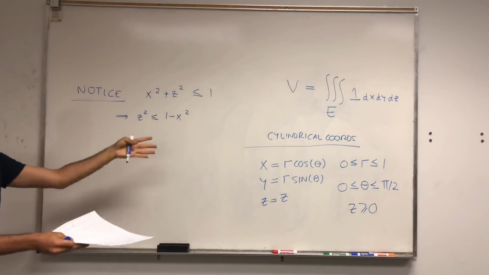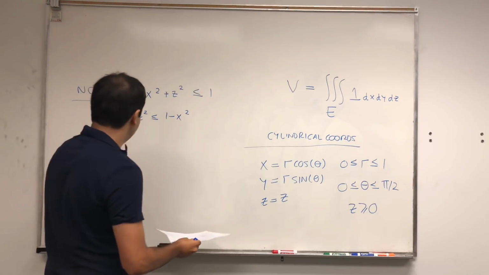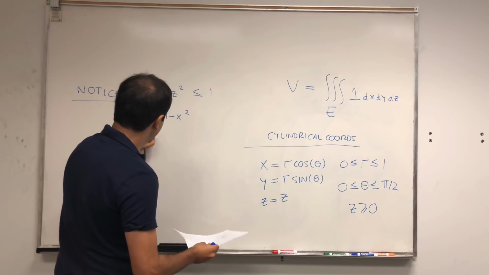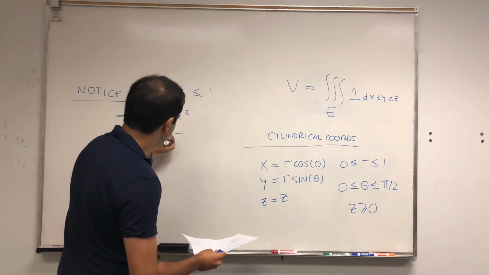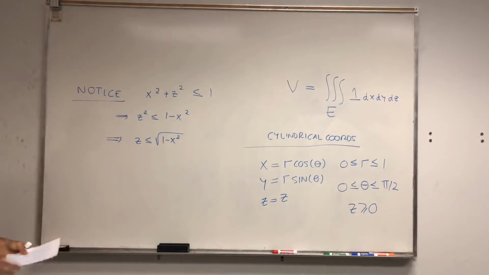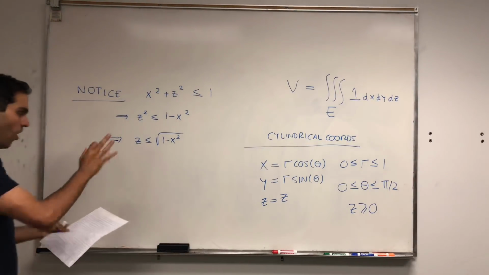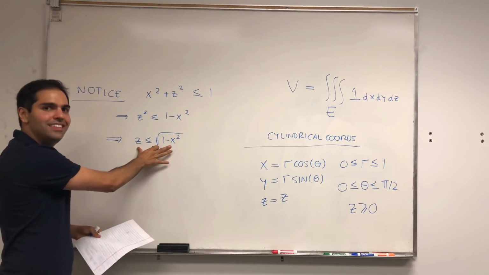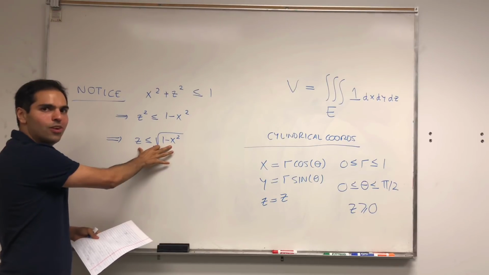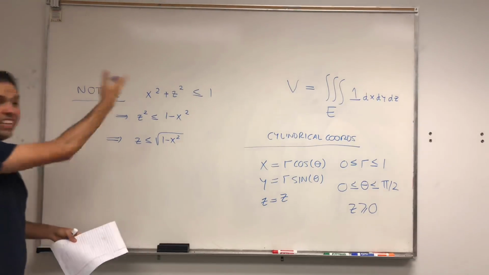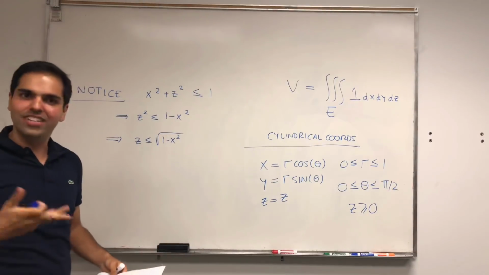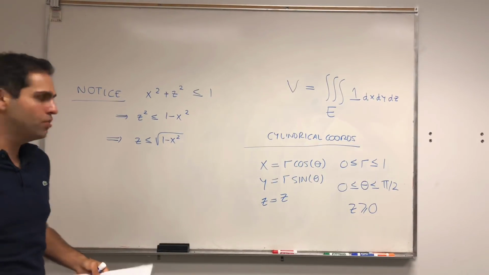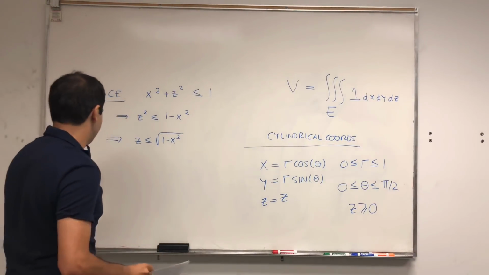And because of our symmetry assumption, we get that z is less than or equal to the square root of 1 minus x squared, because z is positive. So on the one hand, we know that z is less than or equal to the square root of 1 minus x squared. On the other hand, there's another equation involving z that we haven't used yet, which is the other cylinder.